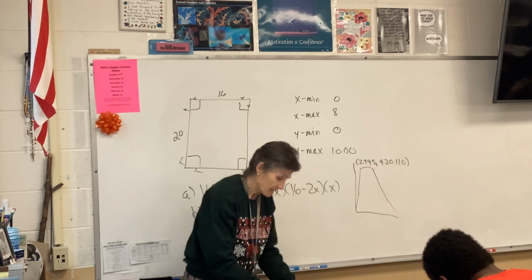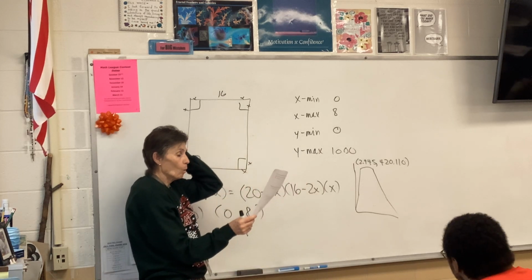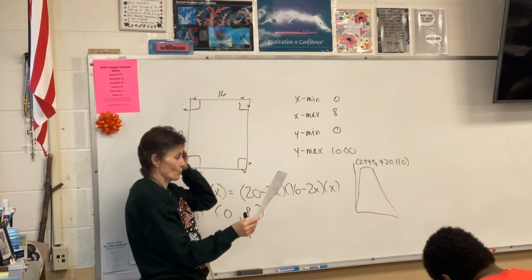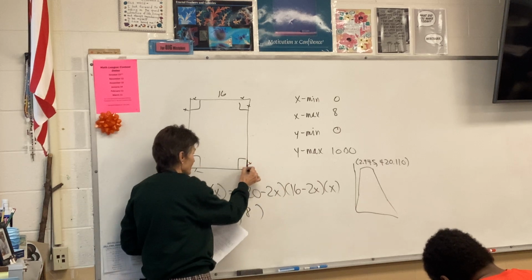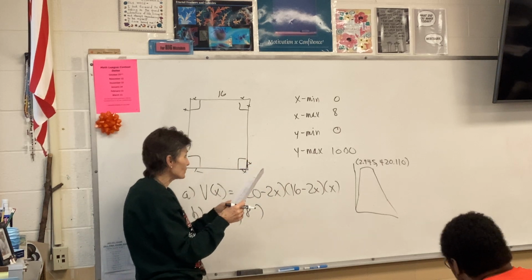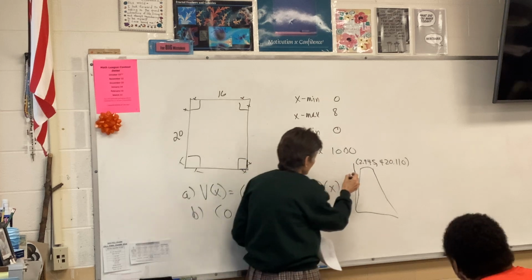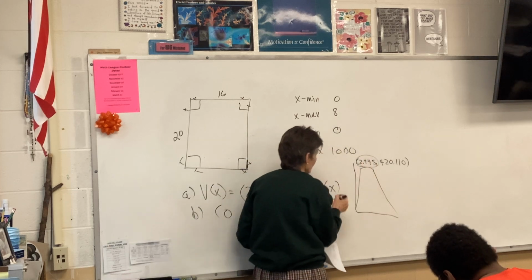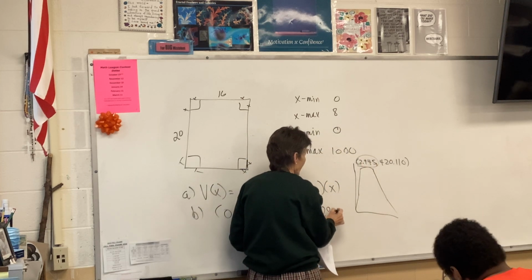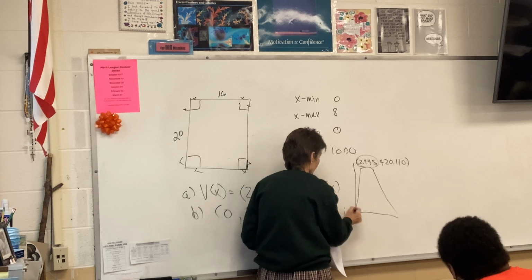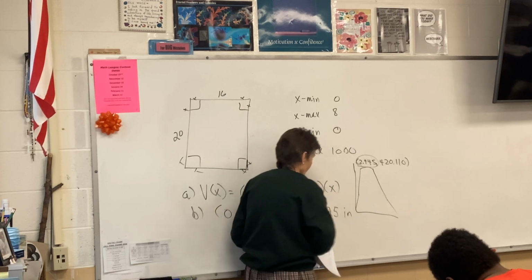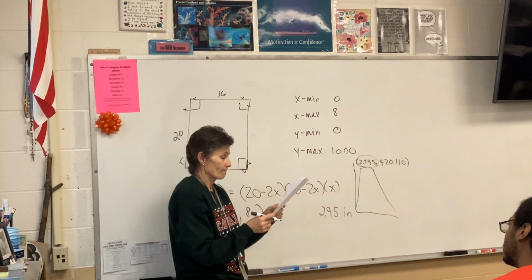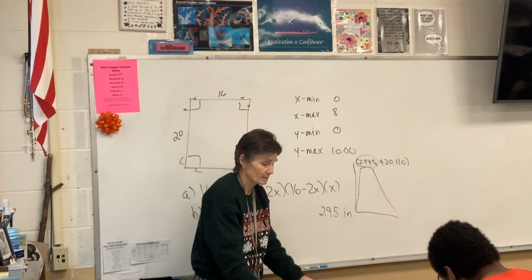So now I have to answer the question. What size corners, so that's X, to the nearest hundredth? That would be 2.95 inches to maximize the volume of the box.